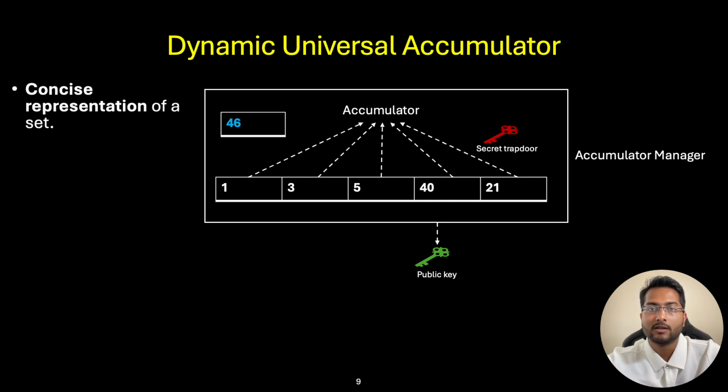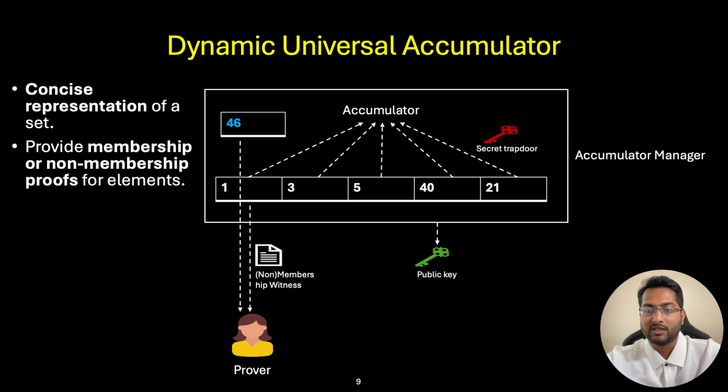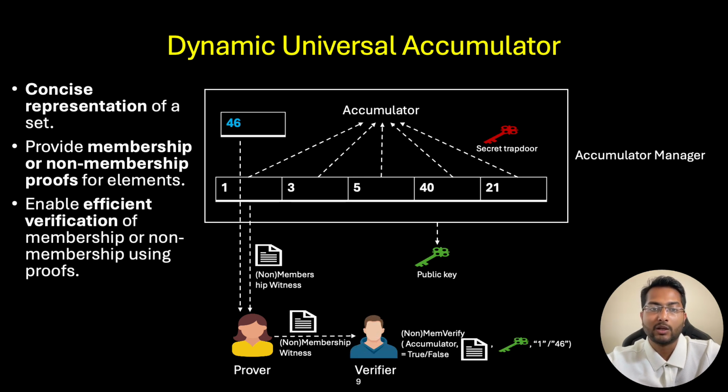And we call this the value of the accumulator. And also, no matter how many elements you add into it, the size remains the same. This is like magic. It also allows creating membership or non-membership proofs, using which a member or a non-member can actually be verified. And dynamic universal accumulator also supports addition and deletion.